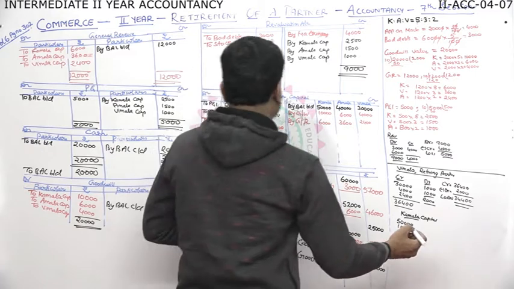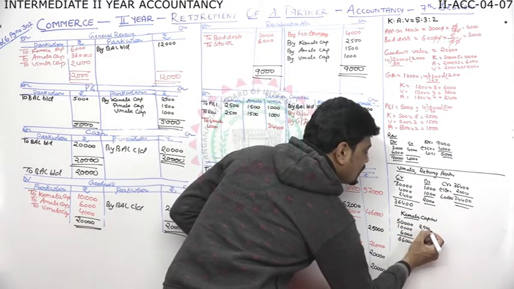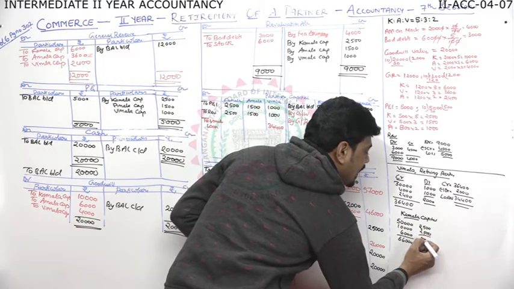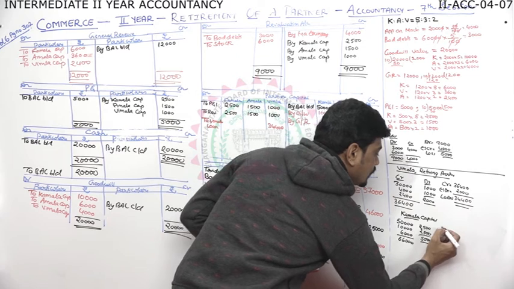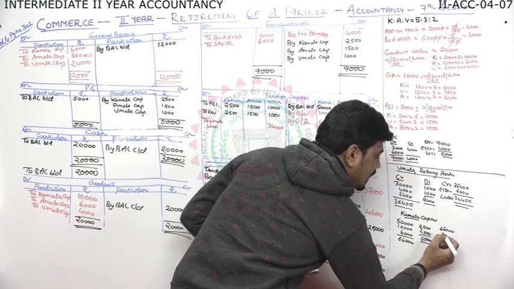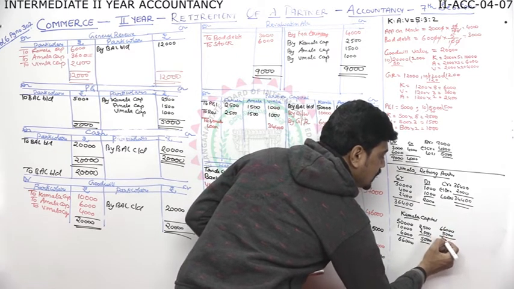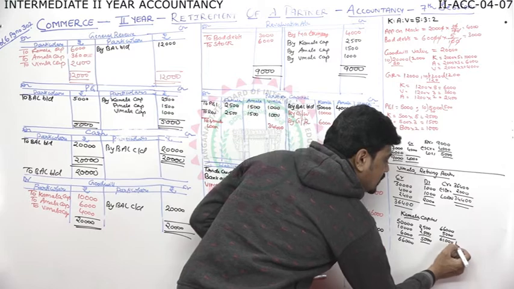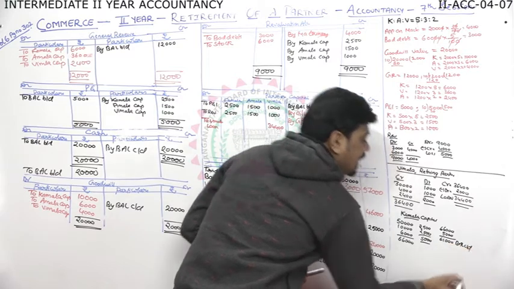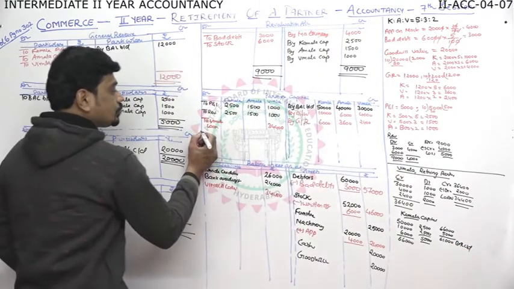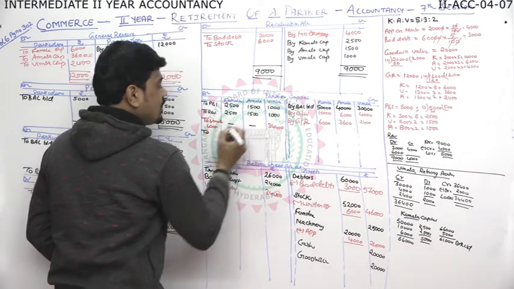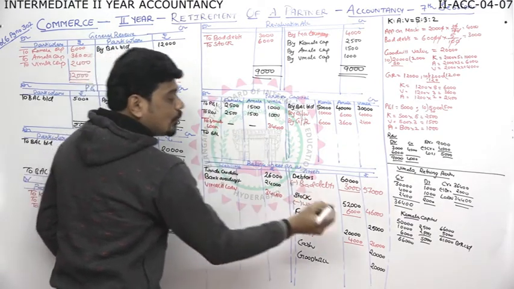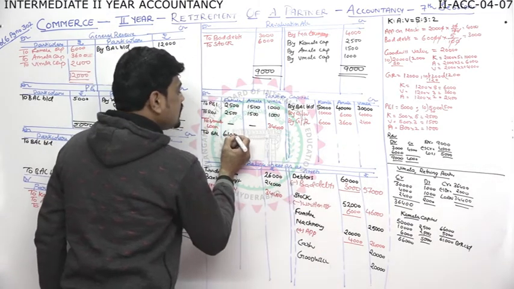Let us see her debit. 2,500, 2,500. It is 5,000. So credit 66,000 minus 5,000. 61,000. This is the balance carried down of Kamala. So down. Here we'll put dash. To balance, Kamala is 61,000.